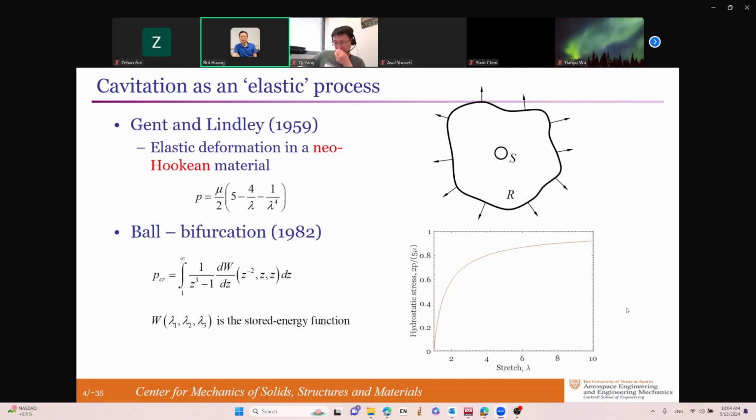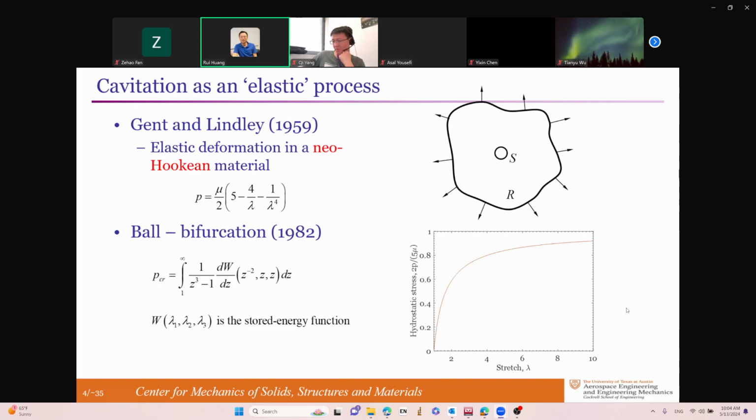He then went on to explain this using the then new analysis of Green and Zerna of a spherical cavity in an unbounded medium under hydrostatic tension. At a critical value of hydrostatic tension, there's an instability that occurs if the material is neo-Hookean.